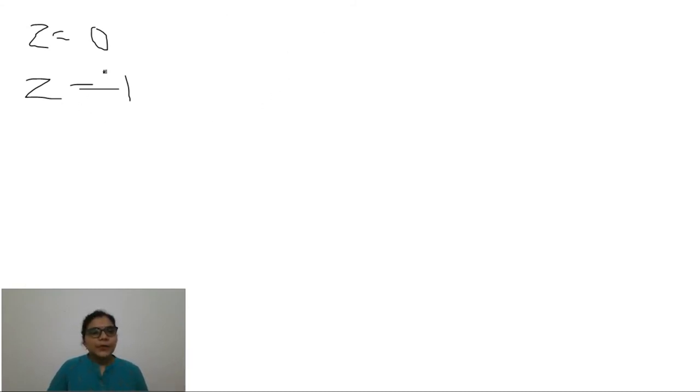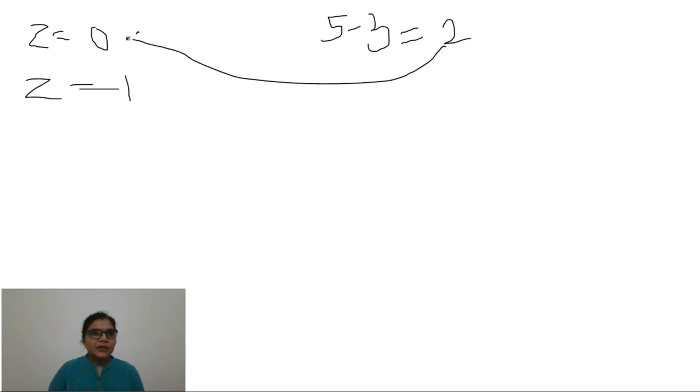Suppose a processor performs a 5 minus 3 operation, then the result will be 2. It is a non-zero value. So the processor will set the zero flag to 0 to denote that the result was a non-zero value.